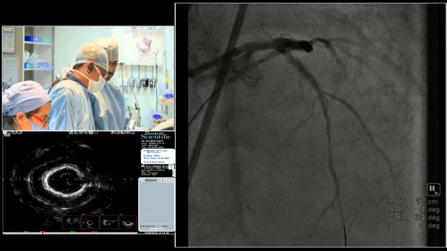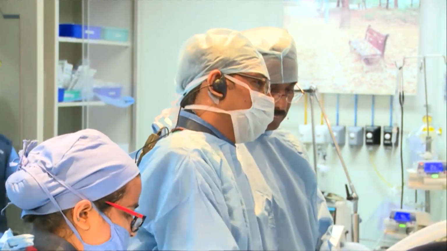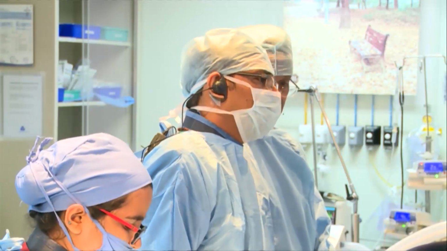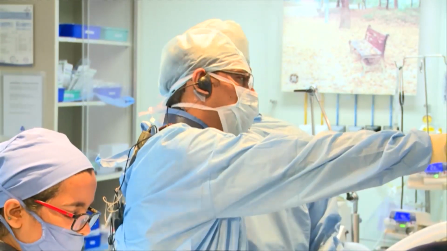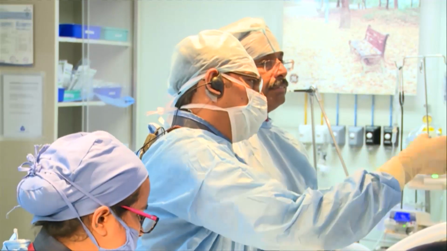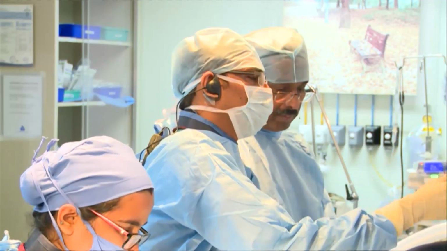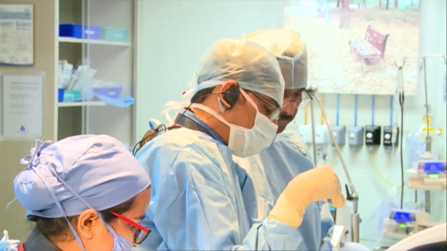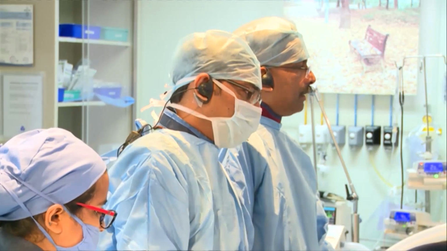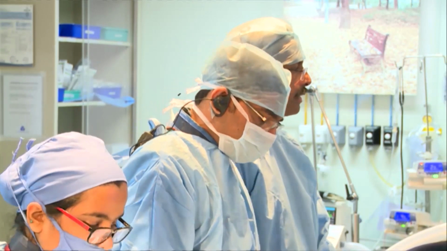We have done a few cases with dextran, but in this case we don't want to use any of these things. And the second thing is it is a very small distal vessel. I am not very sure whether we will be able to get a good flow rate and to get a good imaging.